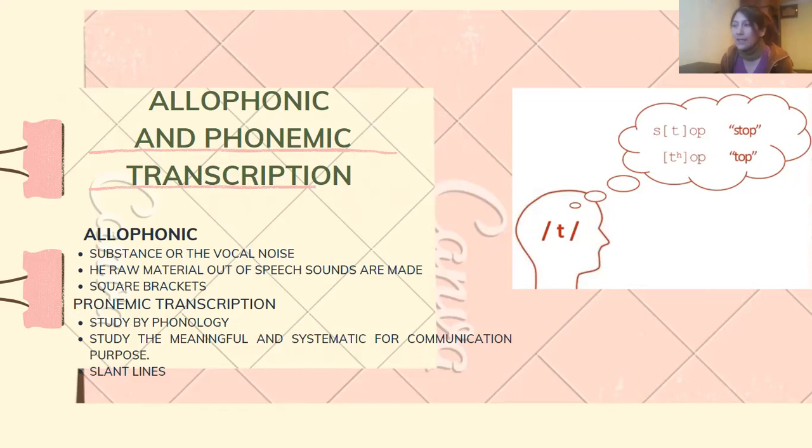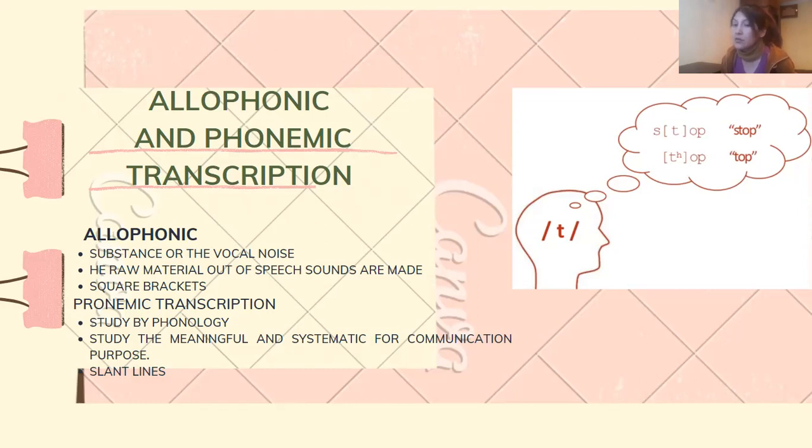The allophonic is a graphic representation of speech sounds which records as many different sounds as it's possible to perceive. This is also called narrow or allophonic transcription. Sometimes this is written with square brackets.